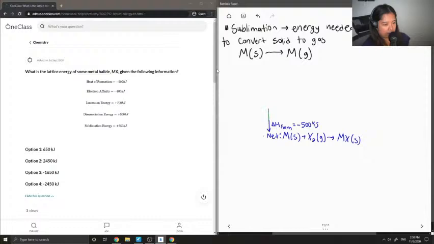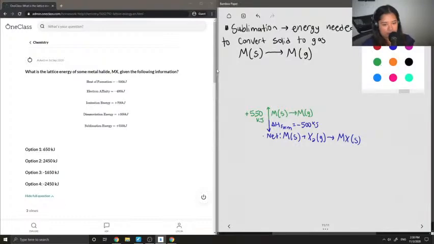I'm going to do an up arrow to show that we need energy. I'm going to show that our metal solid needs to first be converted to the gas. So this is called sublimation. And this had a value of positive 550 kilojoules.